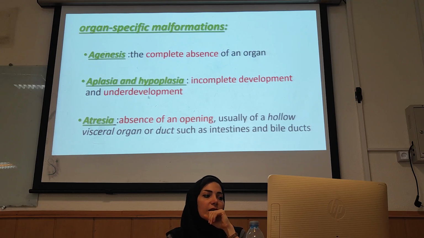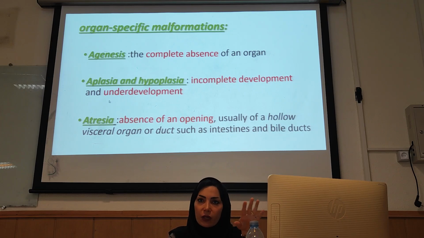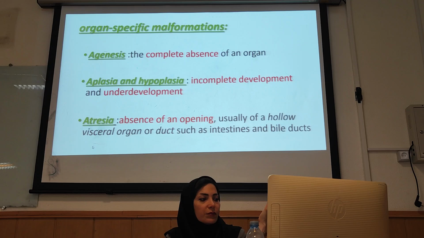Hypoplasia means underdevelopment. So agenesis is absence, the organ is not formed, but aplasia means the organ is formed but no development is present. And hypoplasia means development is present but is not enough. Okay?